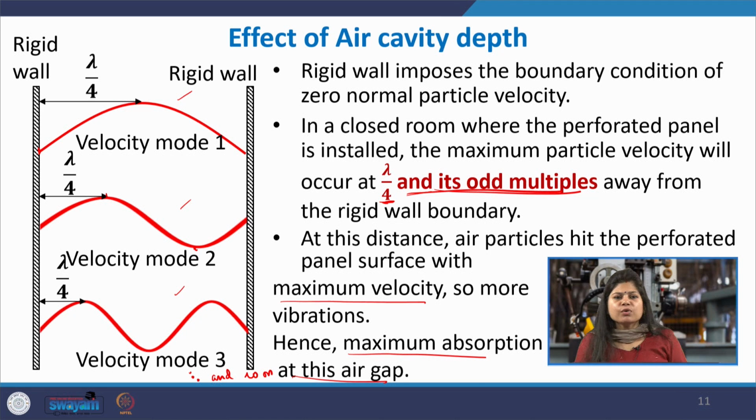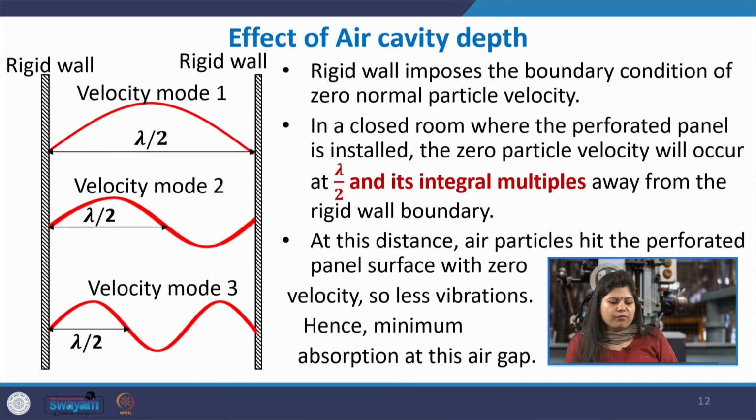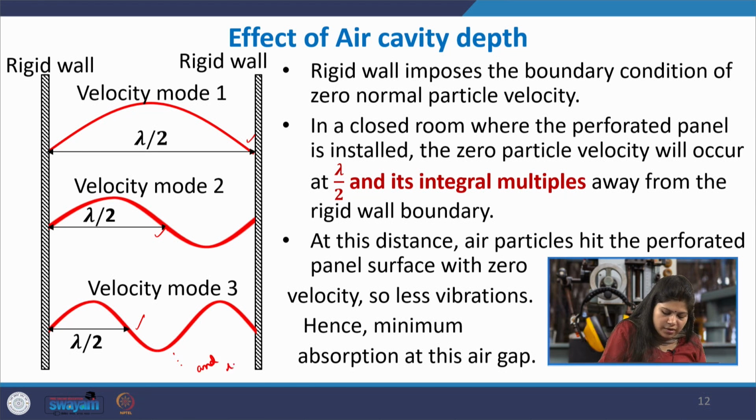In the same way, it depends on the velocity with which the particles are entering inside the perforated panel. For the same case, at lambda by 4 and its odd multiples, you have maximum magnitude of the acoustic particle velocity, and in the same way at lambda by 2 and its integral multiples, you will observe a 0 velocity, as you can see here, a 0 velocity here, here, here, and so on in all the successive modes of the waves.